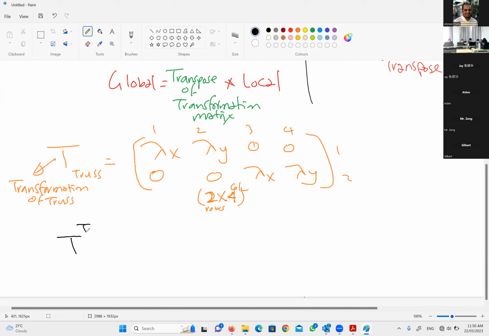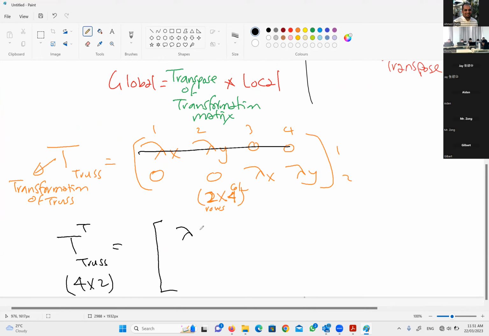T transpose of a truss will be 4 by 2. Because what we are doing to get the transpose, we are making the row column and the column row. So if we are getting the transpose, this row will be a column.